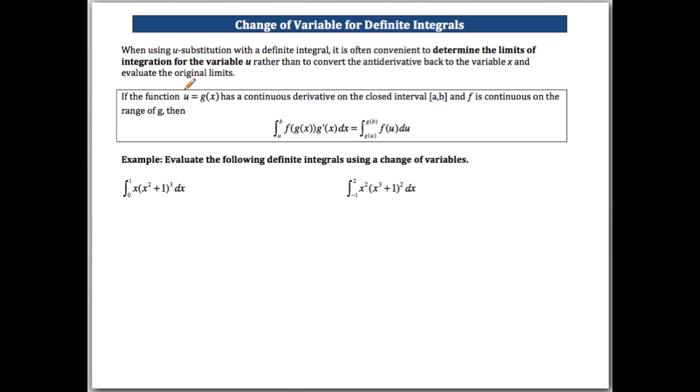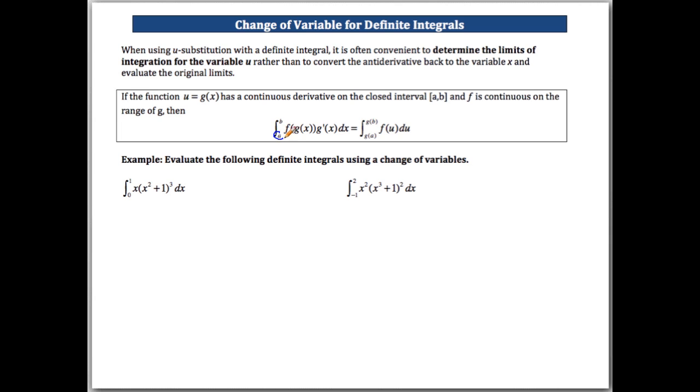Okay, so if we have a function u equals g of x and it's a continuous derivative on the closed interval a to b, and f is continuous on the range of g, then if we have our pattern recognition of f of g of x times g prime of x dx from a to b, what we can do is when we use our u substitution to get f of u du, we can actually change the limits of integration using our g function.